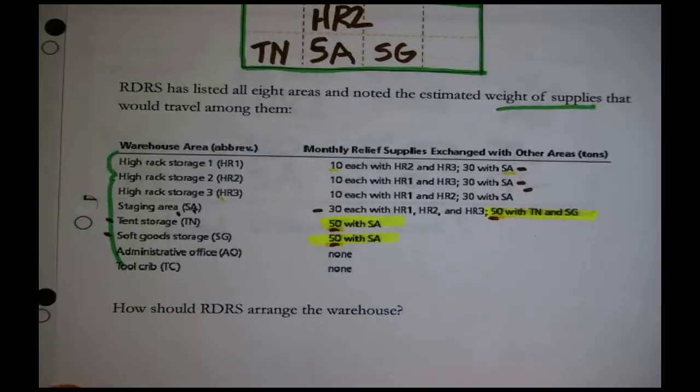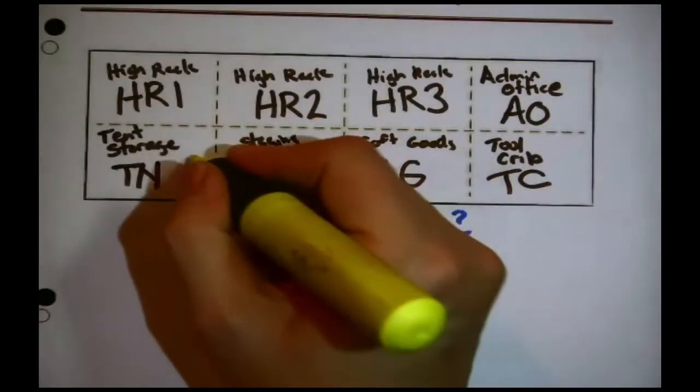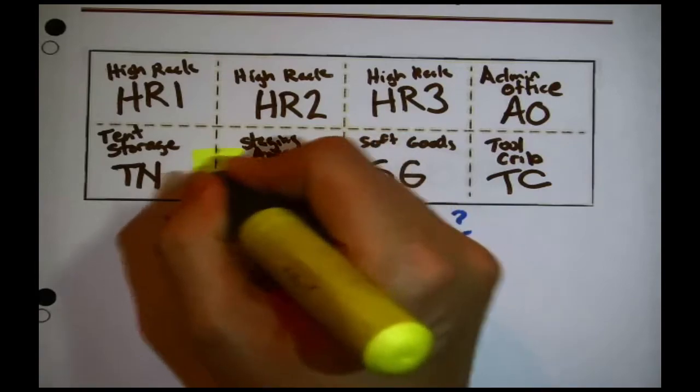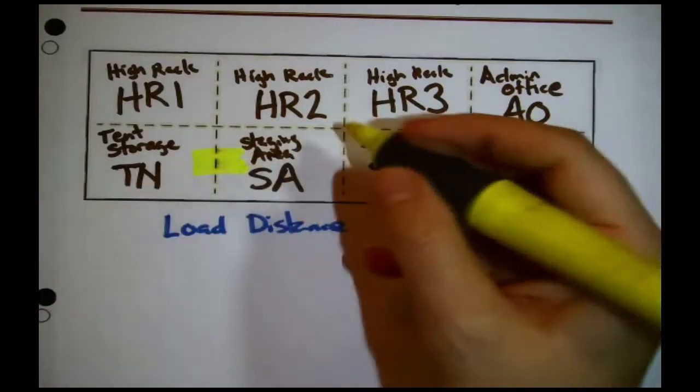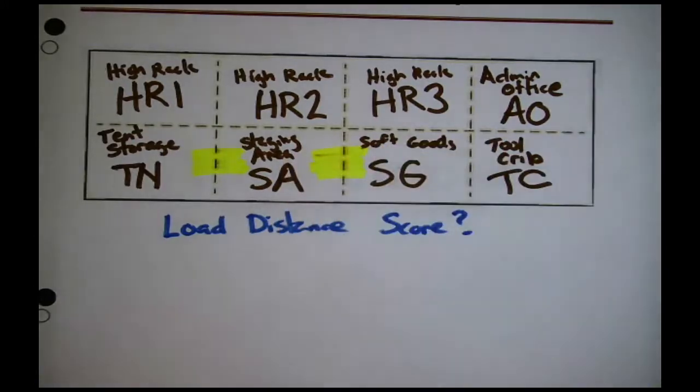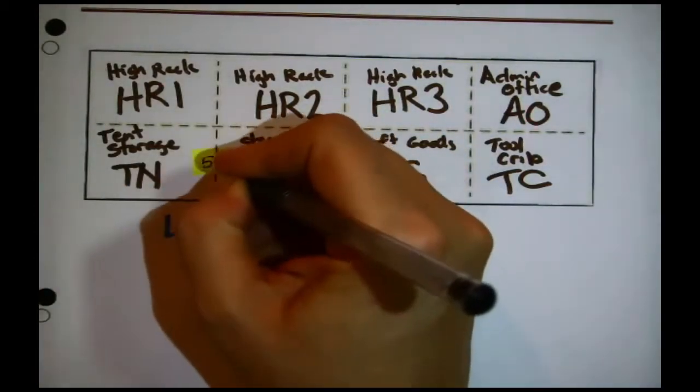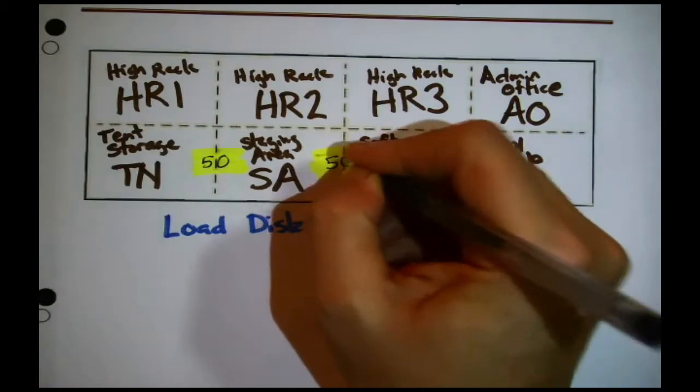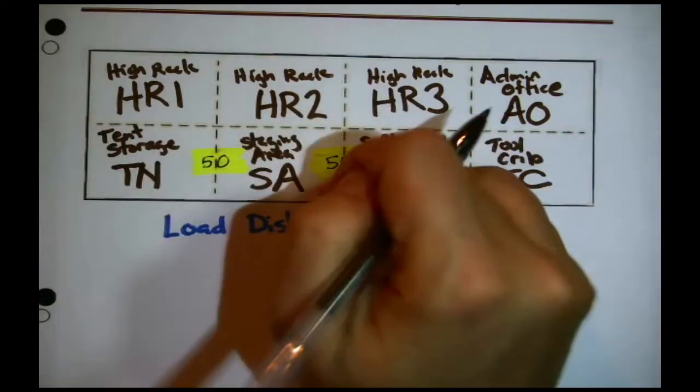That was the fact that 50 tons move monthly between tent storage and the staging area, and 50 tons move monthly between the staging area and soft goods. I now want to note that. So I'm going to write a 50 here and a 50 here. That's what's moving back and forth in my layout now.